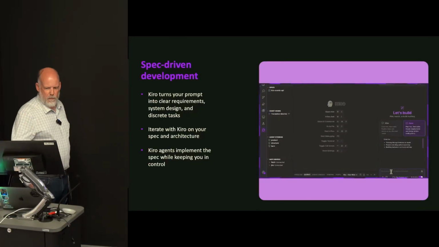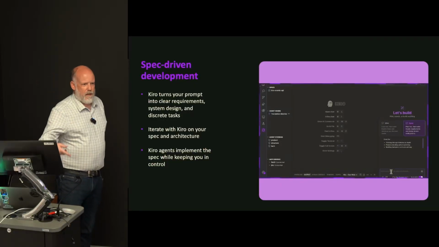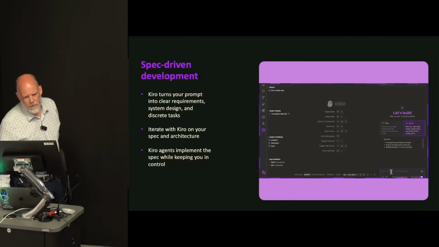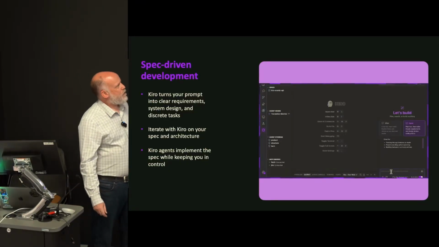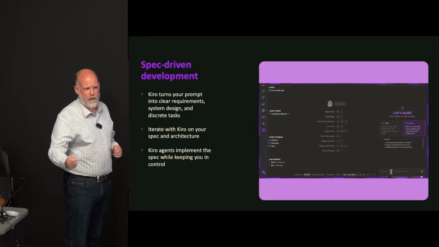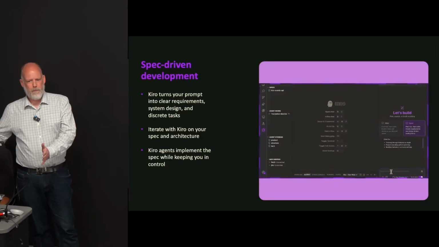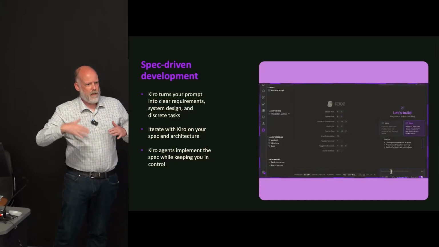So you can iterate with KIRO. It's not a one-shot thing. You can talk to it after it's done development. You can tweak the specs, get it to do it again, and you stay in control because you're doing it from a spec. And the other really good thing about spec-driven is that if you're using something where you're just saying to the AI, please will you write this little bit of code, and this little bit of code, and this little bit of code, by the time you end up with a project, where's your decision documentation?